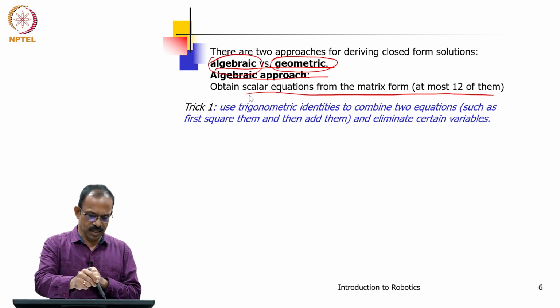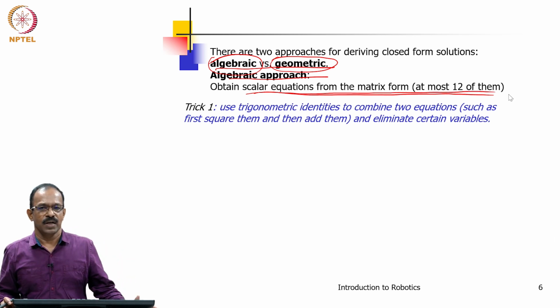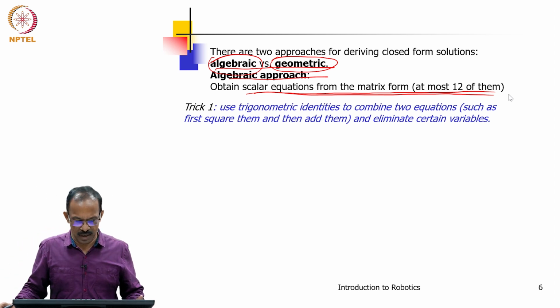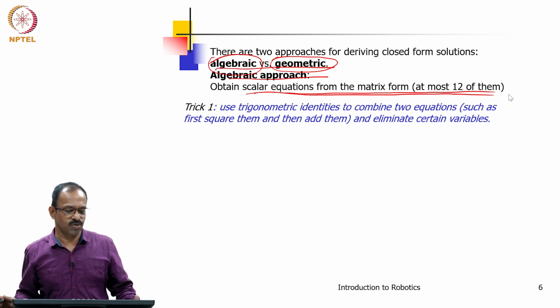So, here we do this by getting the scalar equations from the matrix form. As I mentioned, there will be 12 equations. So, you can write down 12 equations using the R matrix. Now, these 12 equations are all nonlinear equations, and they consist of trigonometric parameters, and therefore, we need to use some tricks to solve them.